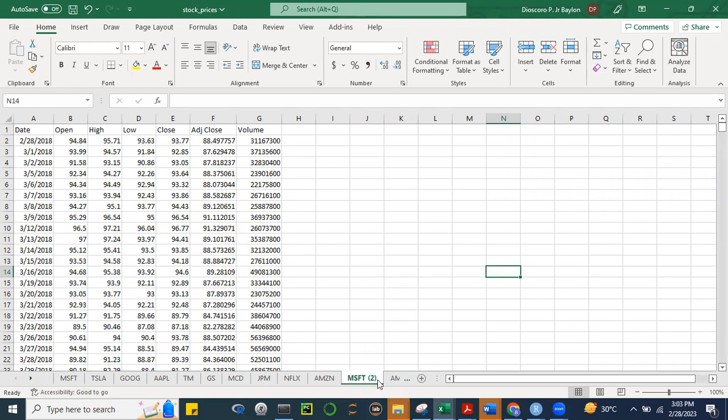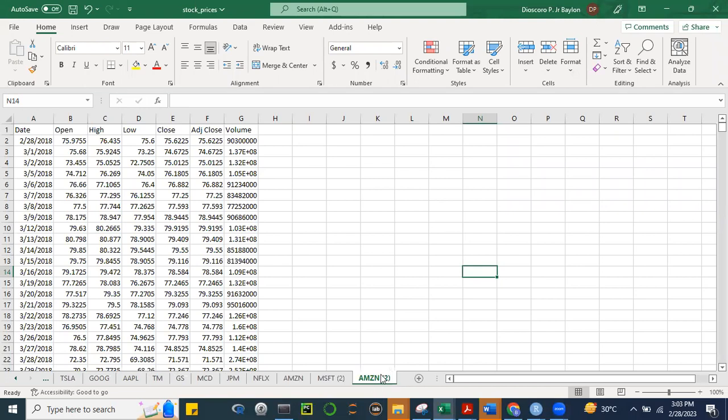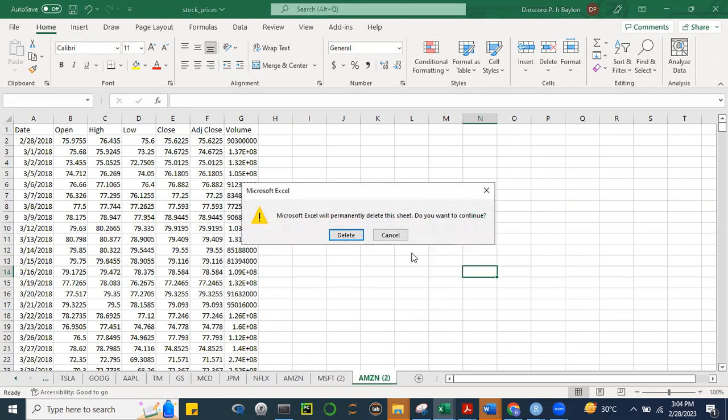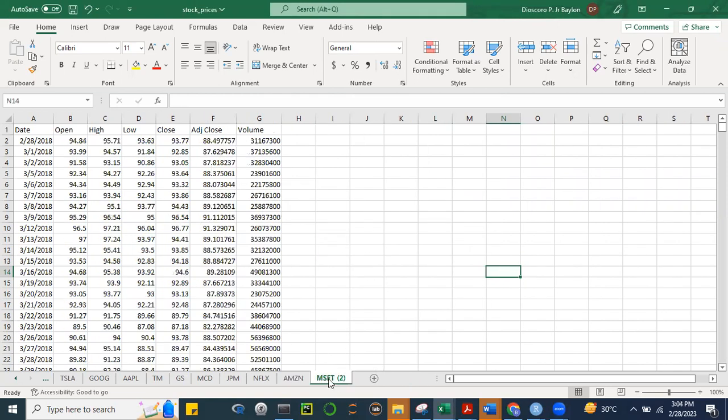And then, na-double siya, no? We don't want the double of Amazon. Delete natin ito. Si Microsoft, gagawin ko siyang all. And then maybe name this one all, ibig sabihin lahat ng stocks yan.